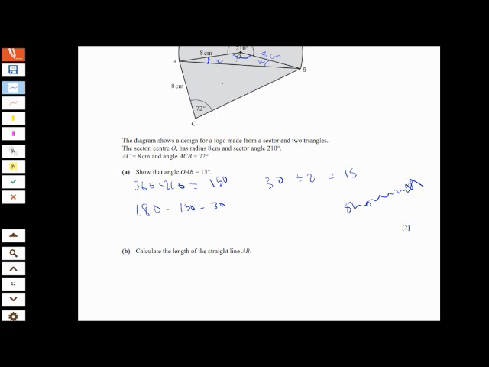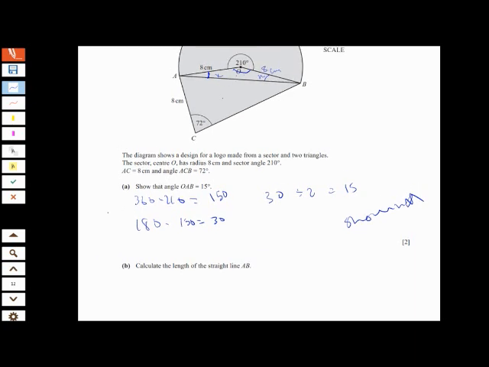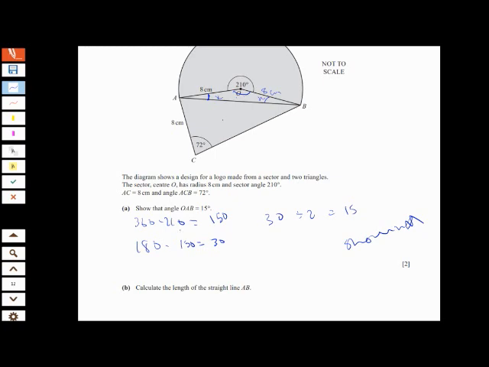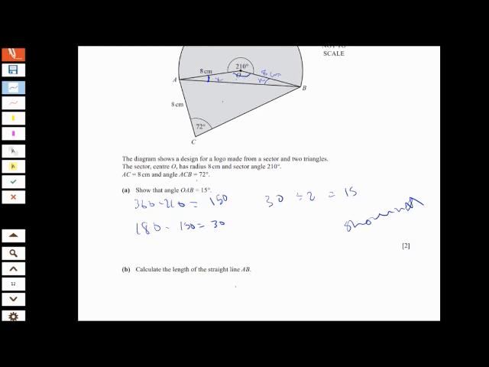Calculate the length of straight line AB. Okay, we can use the cosine rule. Why can we use the cosine rule? Because we basically have two sides and the angle between them. We can easily find that.